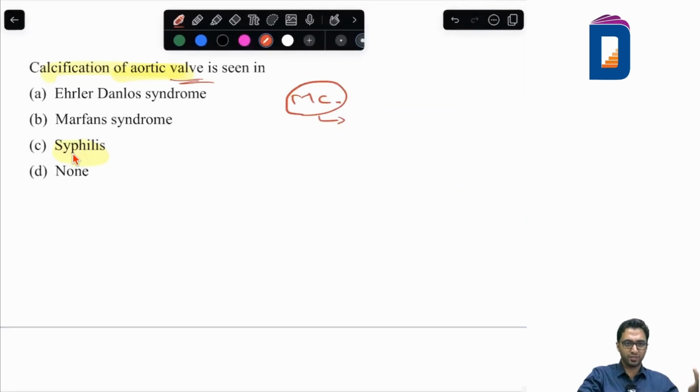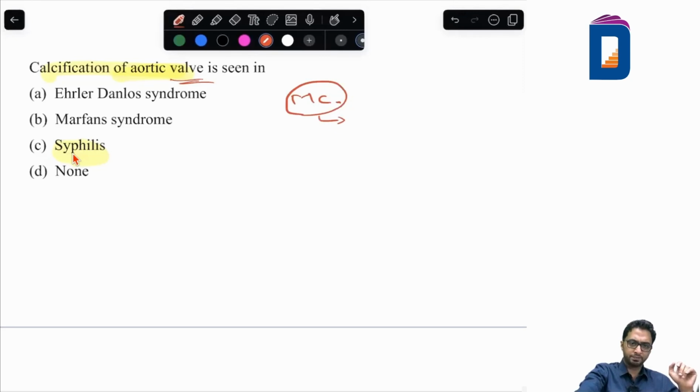They'll say it's a sex worker or something, because it's a sexually transmitted disease. So the most common is always important. How do you learn it? Revision.